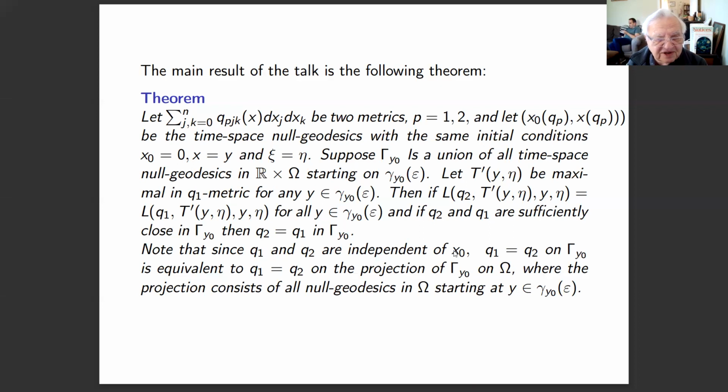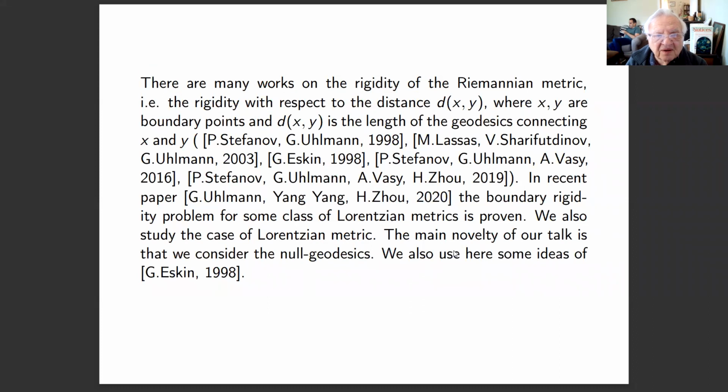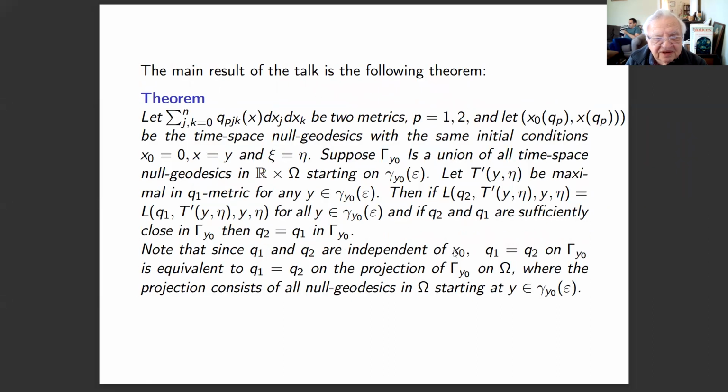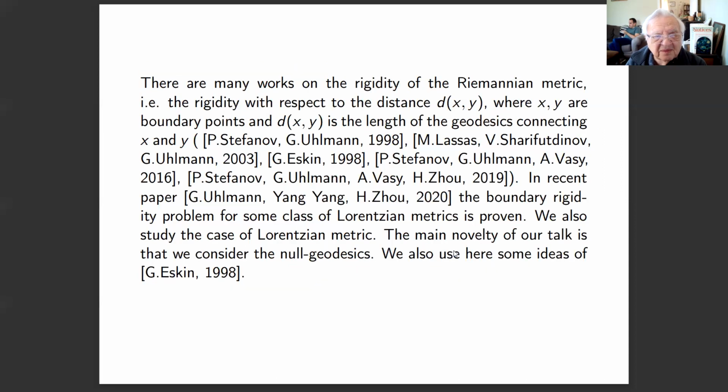So once again, what is Gamma(y_0)? Gamma(y_0) is a union of all space-time null geodesics that start on the neighborhood, little Gamma_0(epsilon). So this is the formulation of the main theorem.